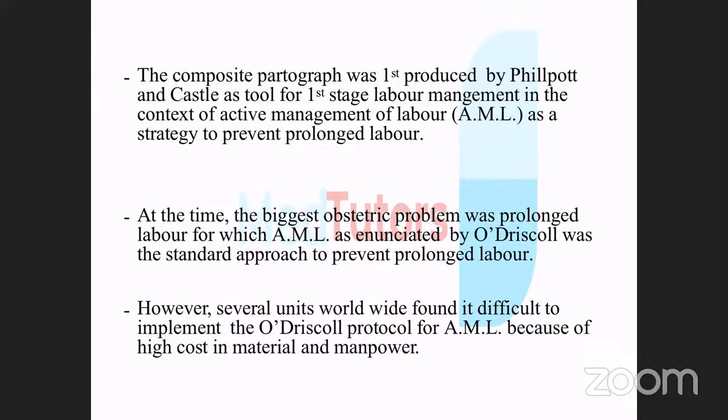At the time, the biggest obstetric problem was prolonged labor, for which active management of labor, as enumerated by O'Driscoll, was considered the standard management to prevent prolonged labor. However, several units, as we said earlier, were unable to implement the protocol as proposed by O'Driscoll because of the high cost in material and manpower. So, next slide.